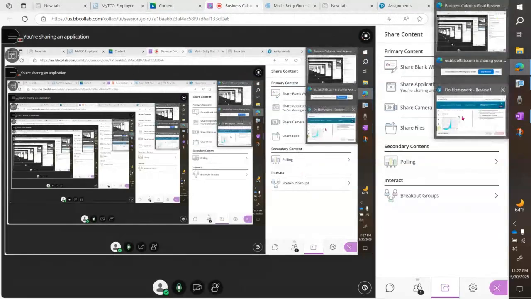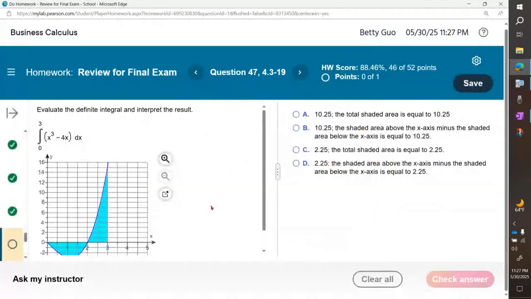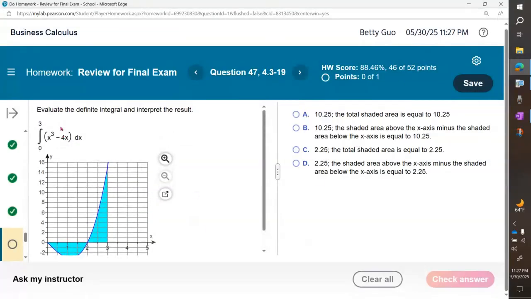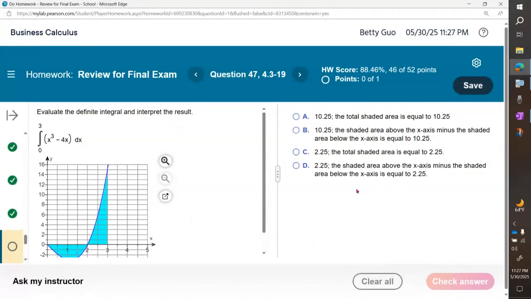Let's go back. Question number 47. Evaluate the definite integral and interpret the result. Okay, so it's a multiple choice question, so we can take advantage of the method of elimination.